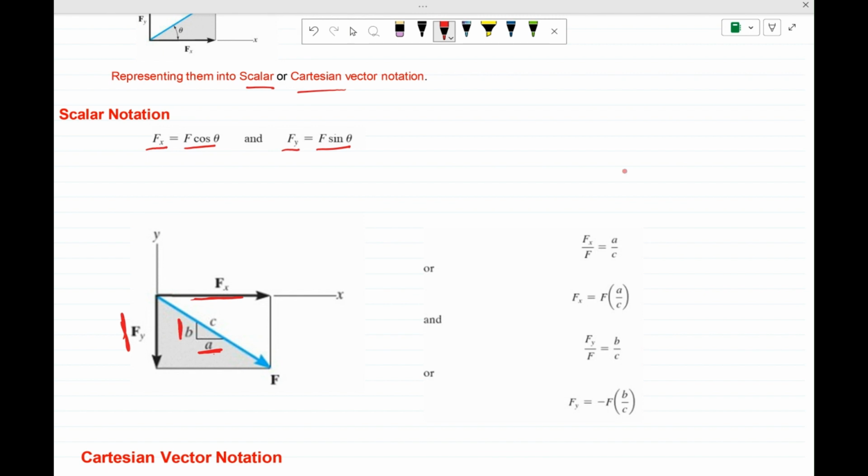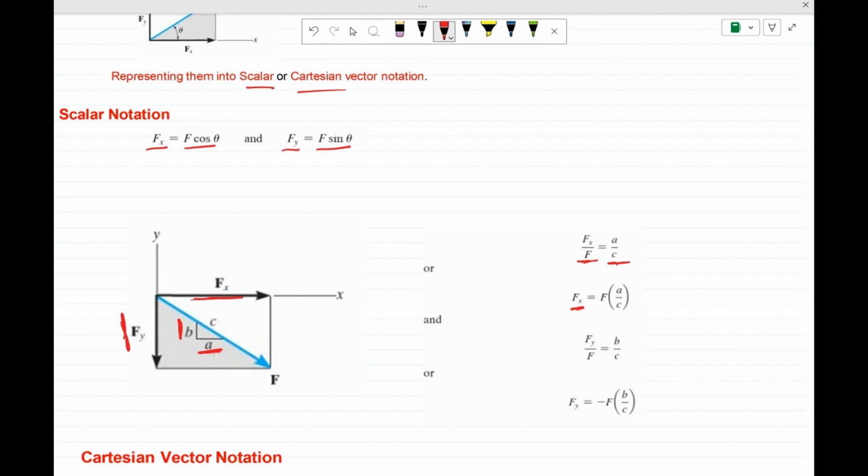That's why here when we say F_x, the x component divided by the hypotenuse, the force F, F_x over F should equal the corresponding sides, which is a over c. And we do the same here: solve for F_x, which equals F times a over c. Same thing for the y component.